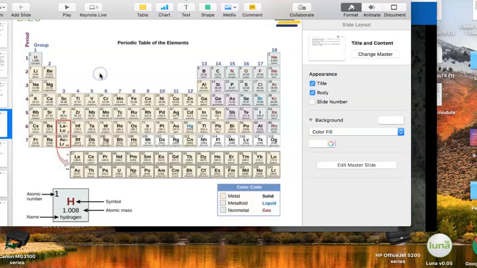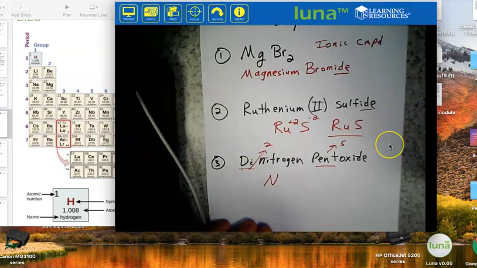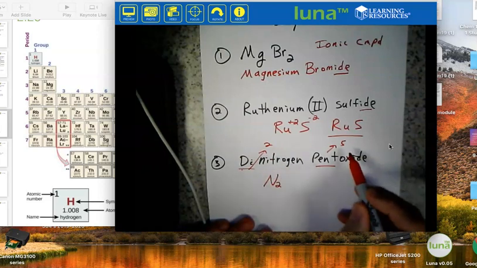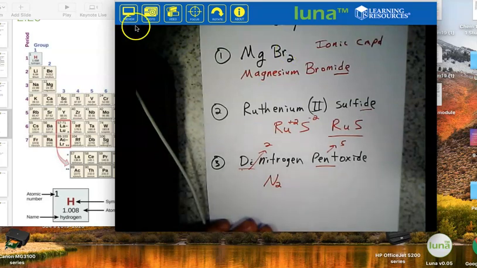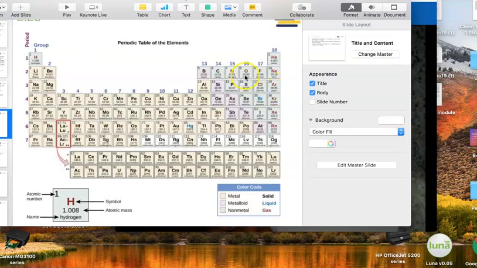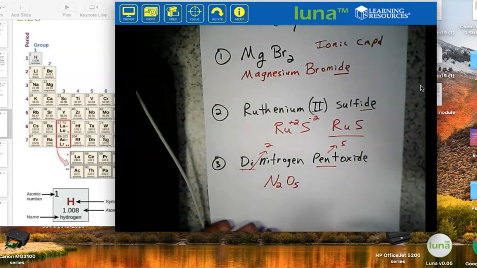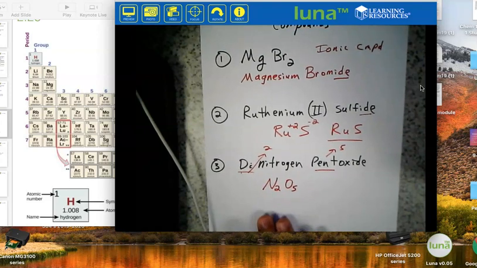Because you guys are going to have to do this, look up the symbol for nitrogen. It's capital N, so it would be N2, and then penta's 5. Oxide came from oxygen, so the symbol for oxygen is capital O, and then 5. So N2O5 would be the formula for dinitrogen pentaoxide.